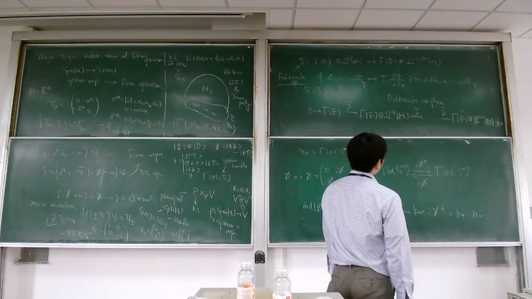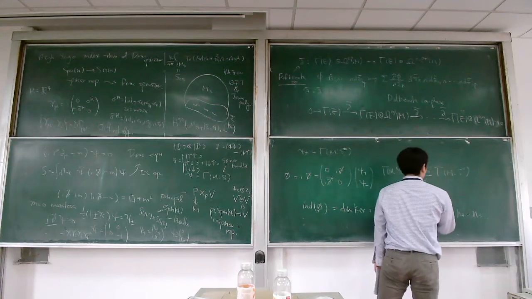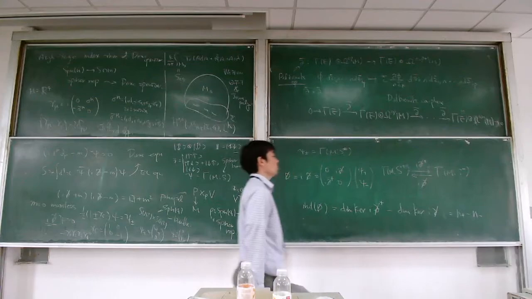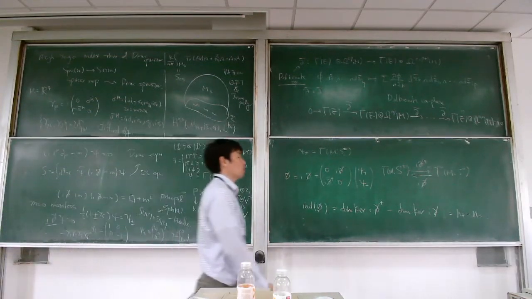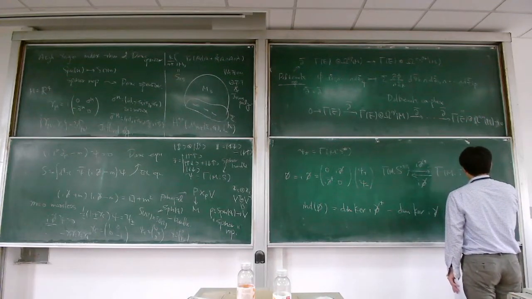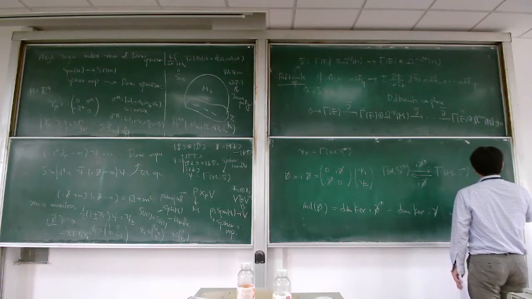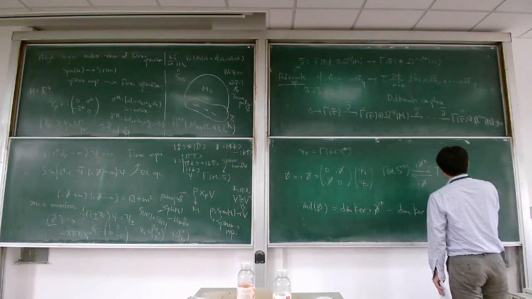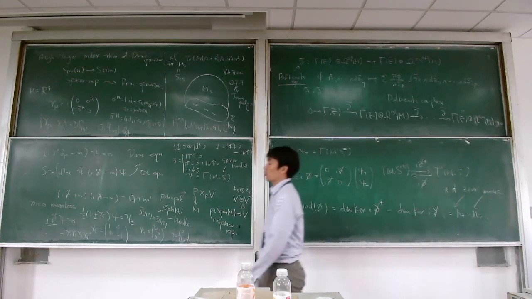So n plus and n minus are the numbers of zero modes, namely the solutions of the Dirac equation.